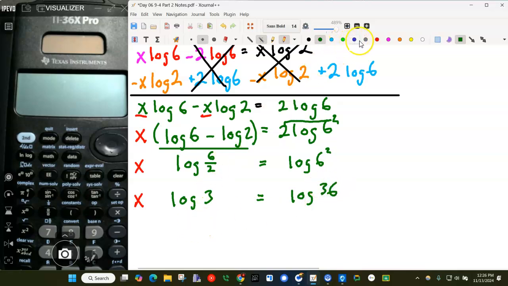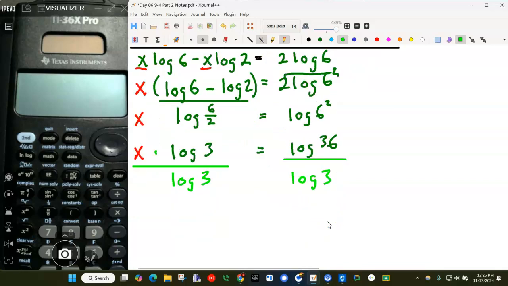And then we can go ahead and divide both sides by the coefficient of x, which, as I mentioned before, this is x times log of 3, so the coefficients are after the variable, so it's in a slightly different place than we're used to seeing it. And now you can use a calculator to find what x equals, or approximately equals.